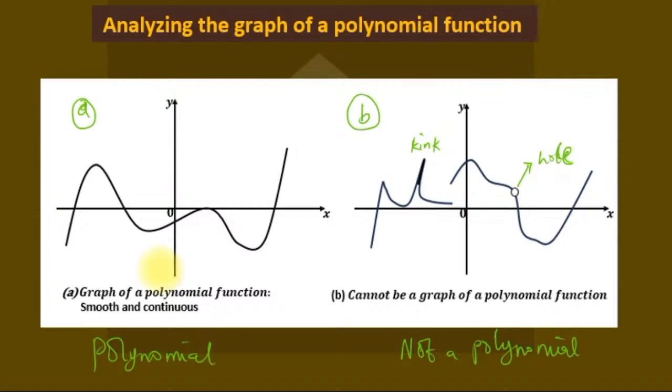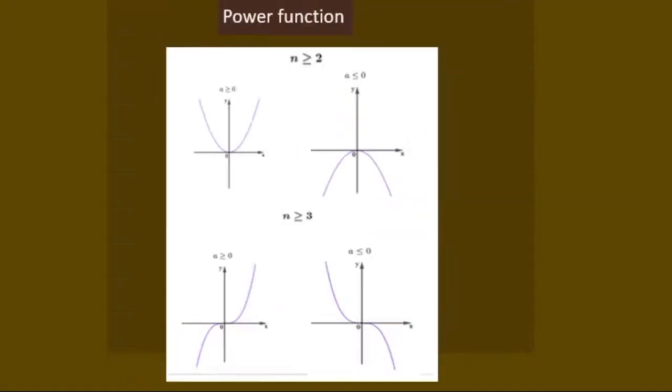So let's now look at what we call a power function. This is a special type of polynomial function. Generally we have two graphs of power functions. A power function is any function of the form y equals x raised to the power n.